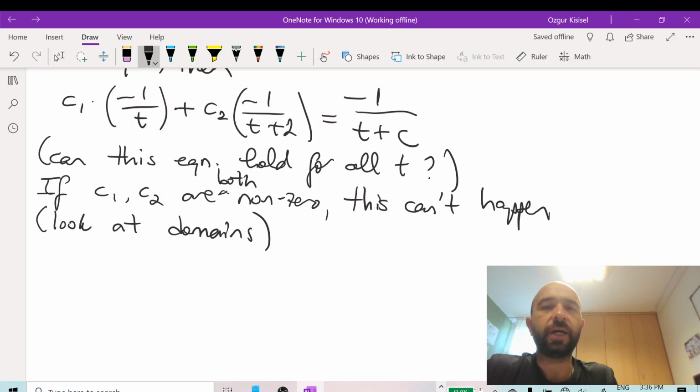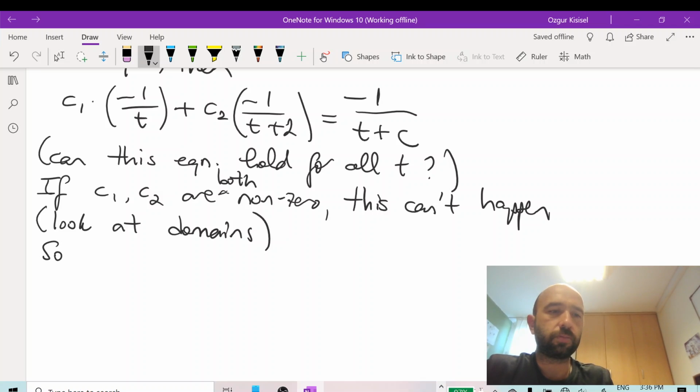However, the right-hand side will have only one vertical asymptote at minus c, so these two functions cannot possibly match. So, in a sense, principle of superposition cannot hold. I mean, even if you make the restriction to affine linear combination, c1 plus c2 equals 1, there are still many values of c1, c2, which are non-zero and whose sum is 1, for example, 1 over 2, 1 over 2, and in that case, you cannot get equality.